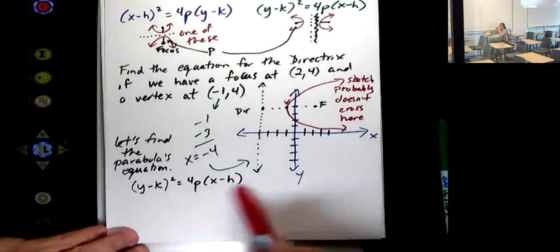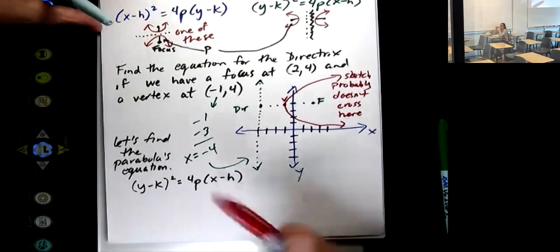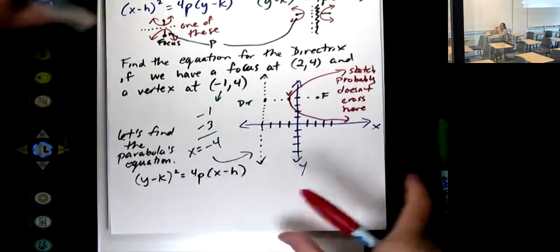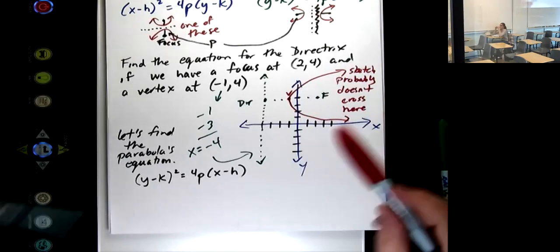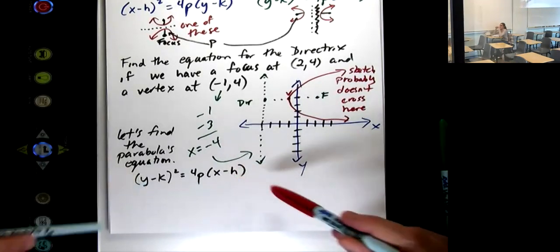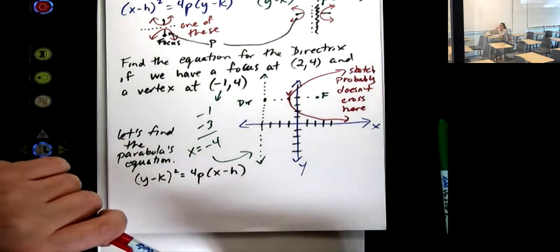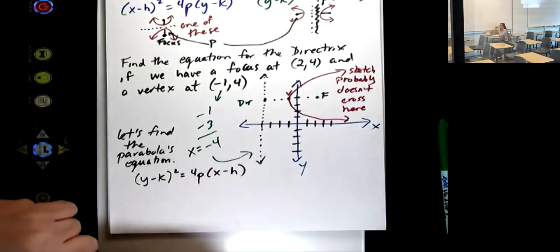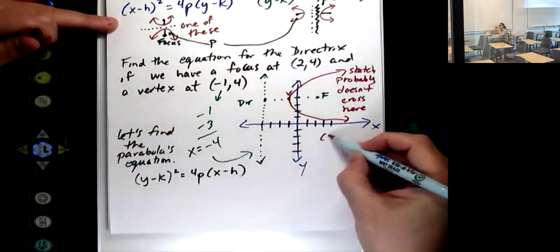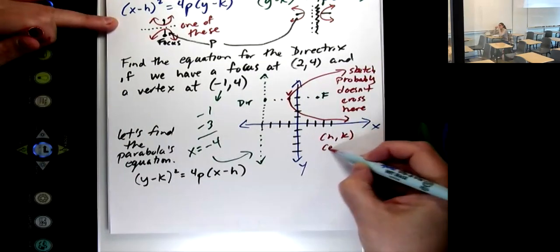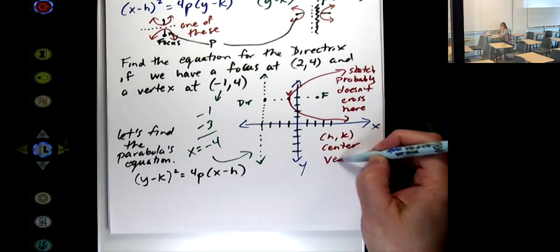Well, we want to fill in what we have. Do we have any of those things? Where is (h, k) located on the parabola? So (h, k) is always the center of our graph, and on our picture for a parabola, it's the vertex.